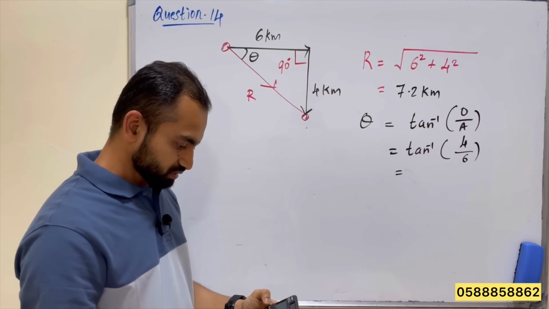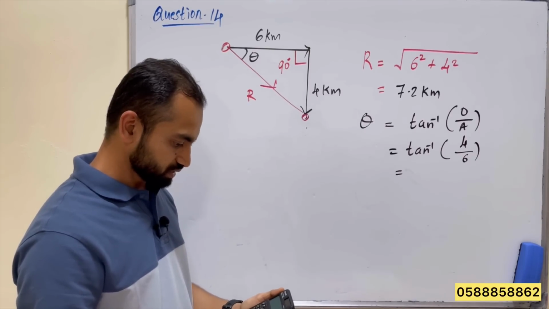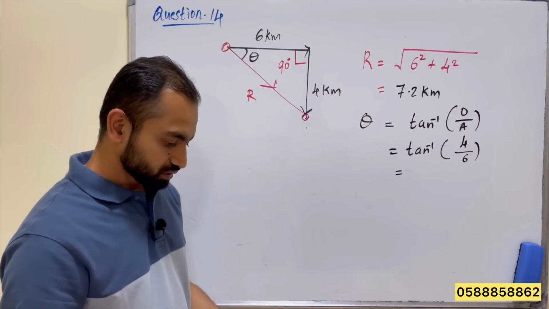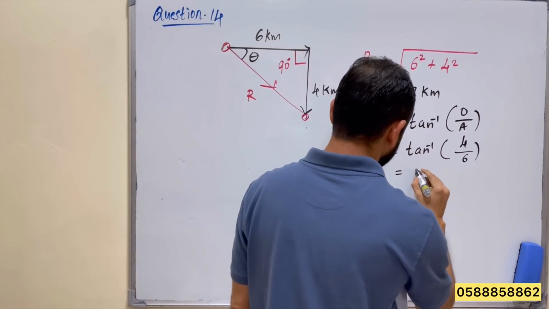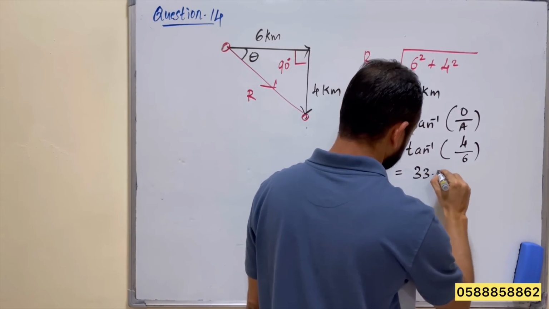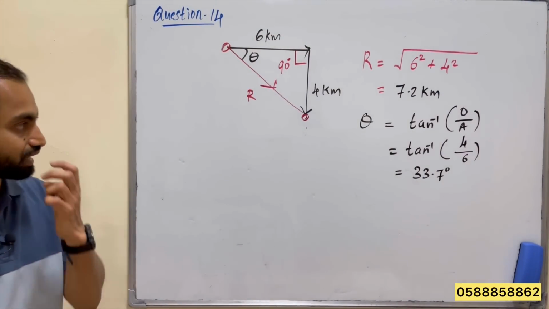Shift tan inverse 4 divided by 6, which equals 33.7. 33.7 degree. So how to say the angle?